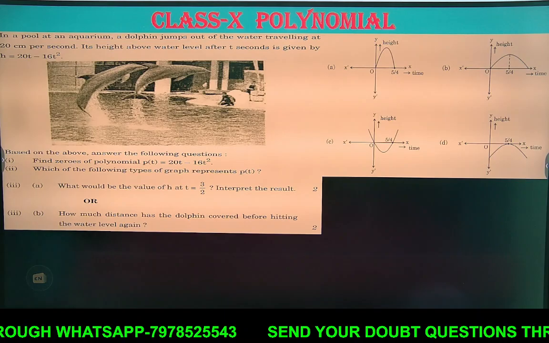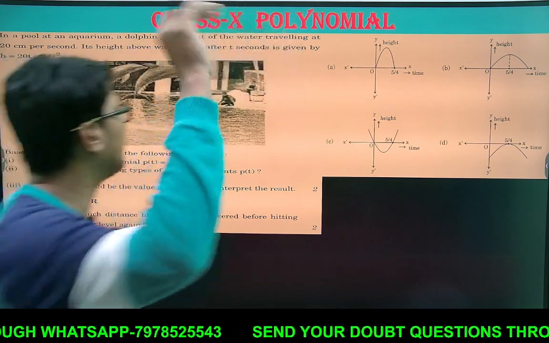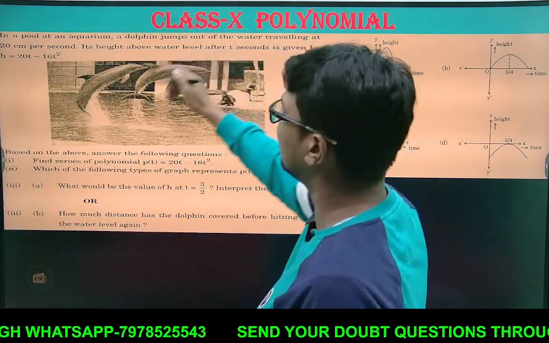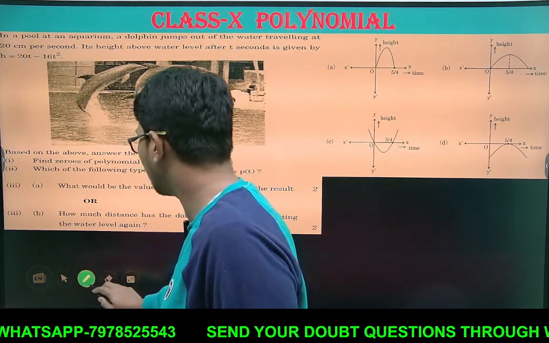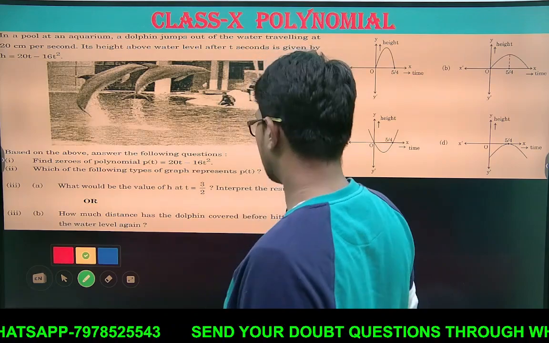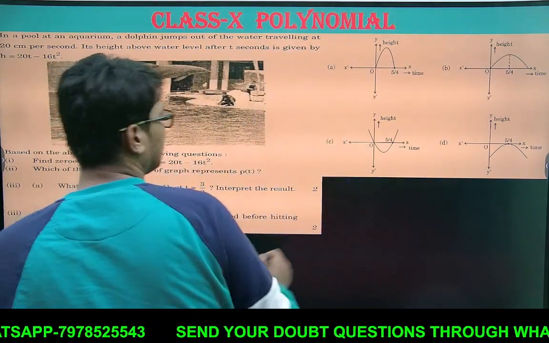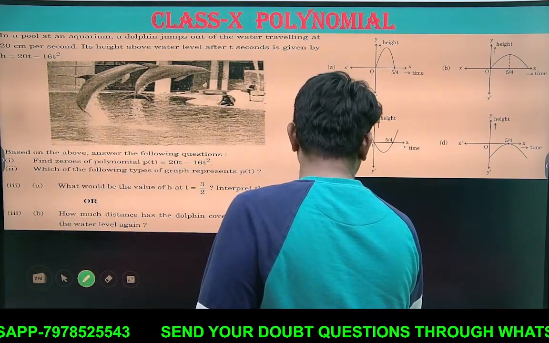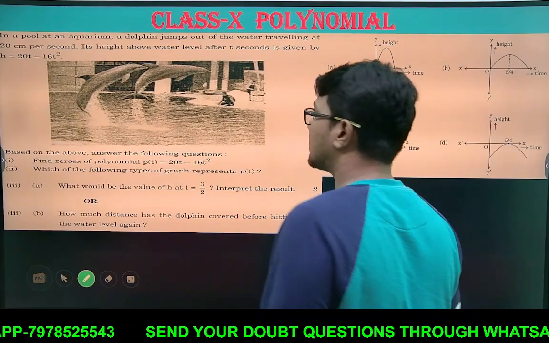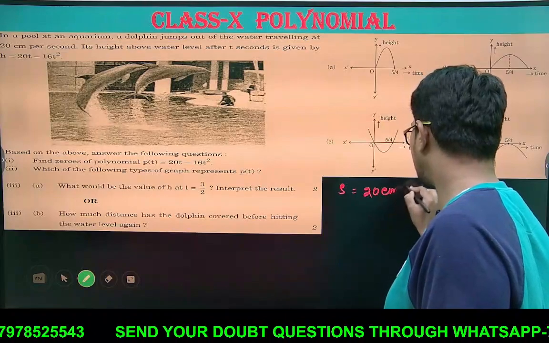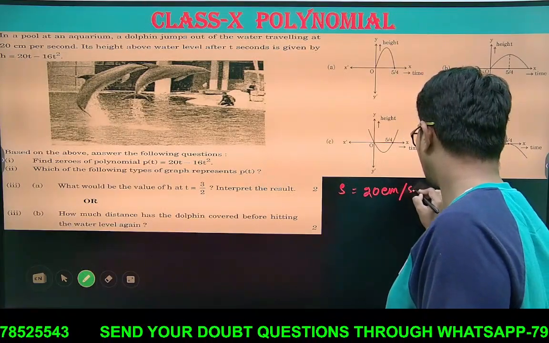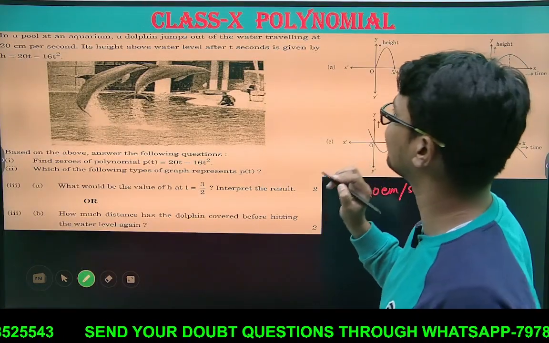Means in an aquarium a dolphin is jumping and traveling at 20 centimeter per second. The speed of the dolphin is given, 20 centimeter per second.